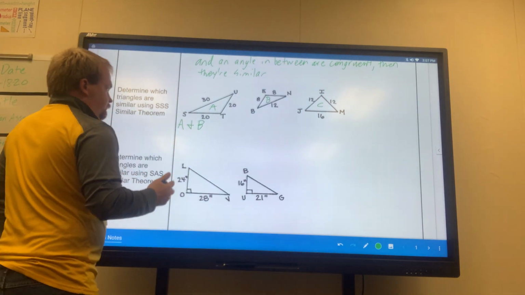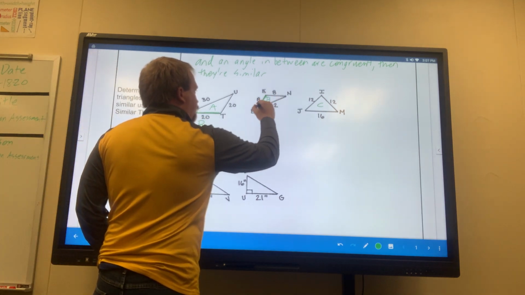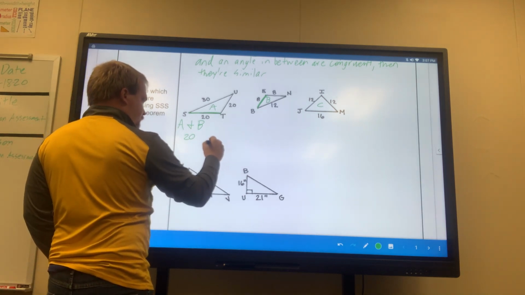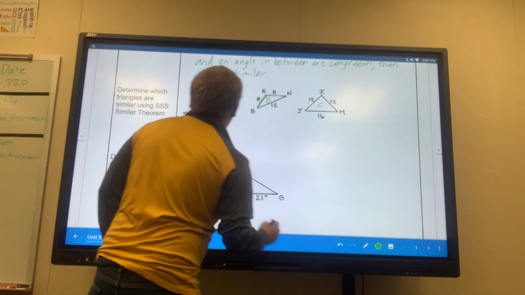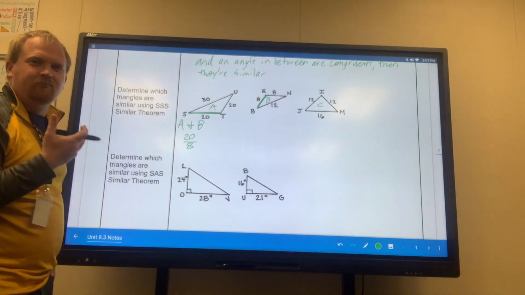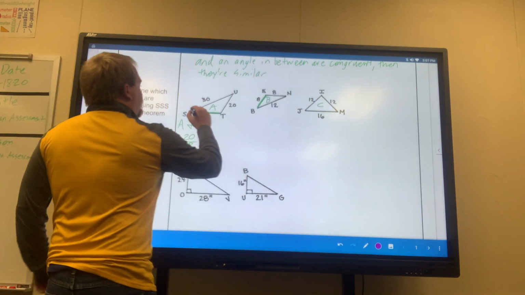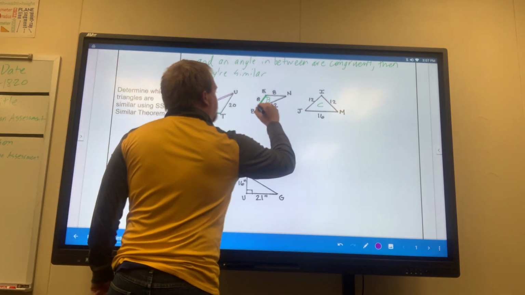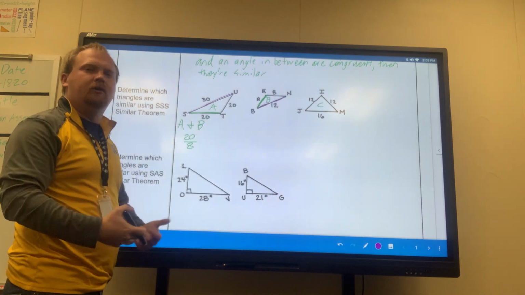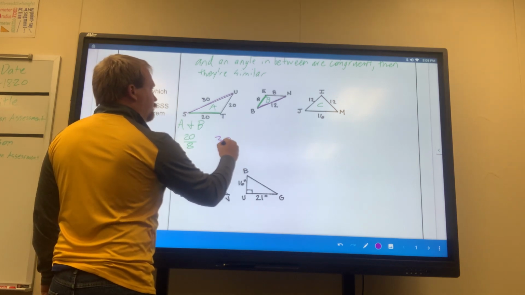I know that this length right here is proportional to here. So 20 over 8. Now, I also know that SU is proportional to BN, or at least they're corresponding. That's a better word for it. So I'm going to say 30 over 12.